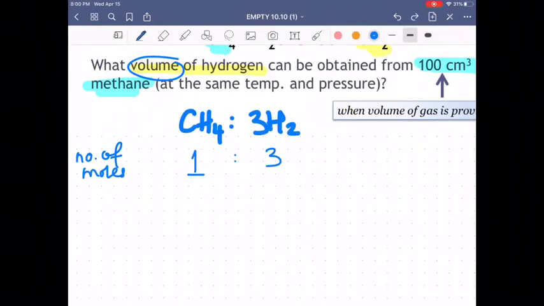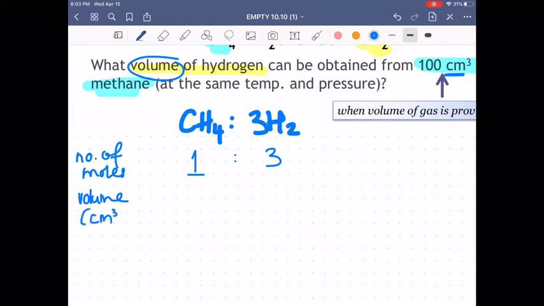So next step, you need to get the volume. What volume is this? Volume from the number of moles. Since the unit given here is cm³, we are going to use cm³ here.